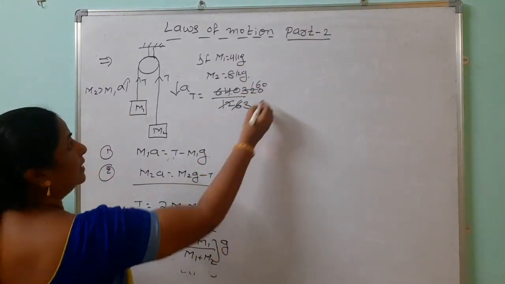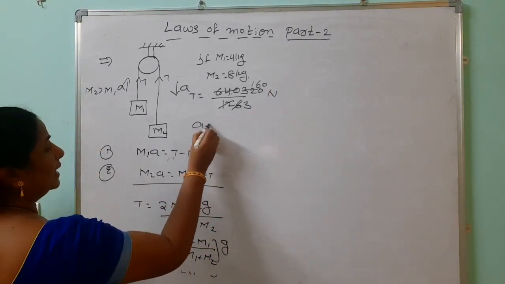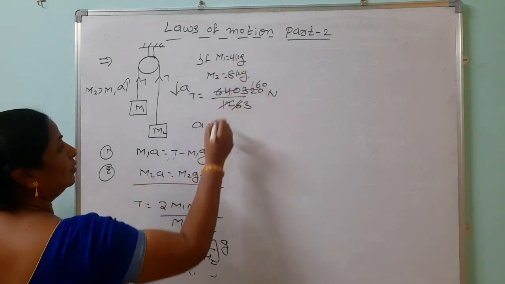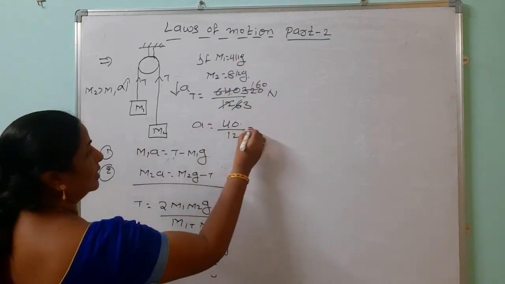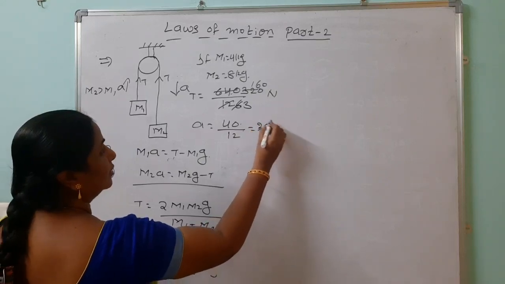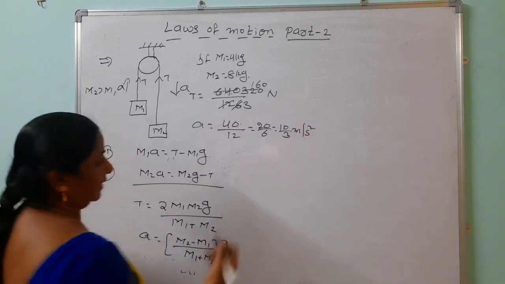So 160 by 3 newtons. Tension is nothing but force, so we get newtons. Like that, acceleration is (m2 minus m1) g, 4 into g is 40, by m1 plus m2, which is 12. After simplification, 10 by 3 meter per second square.